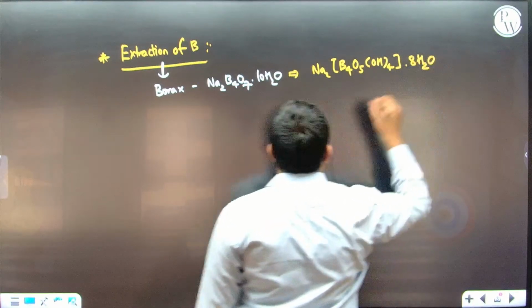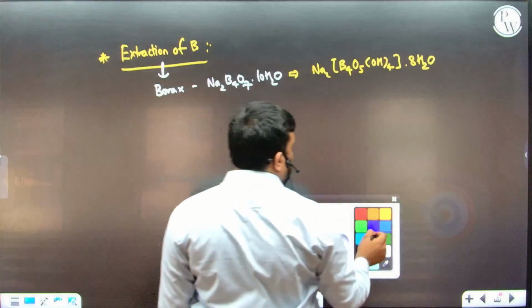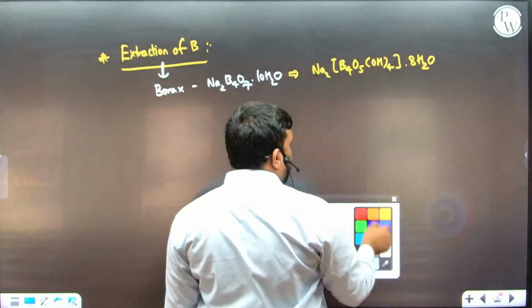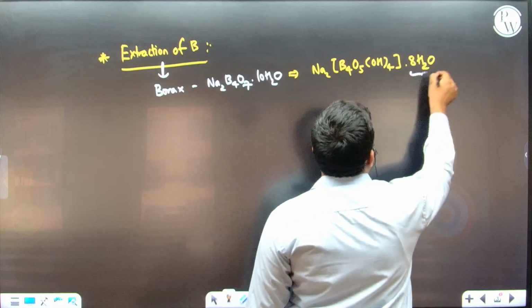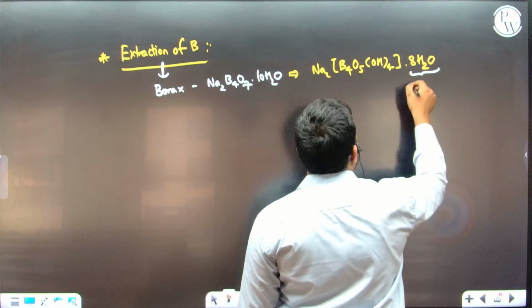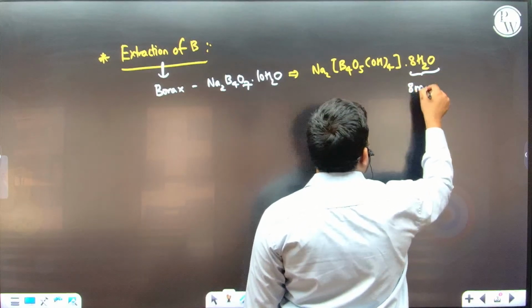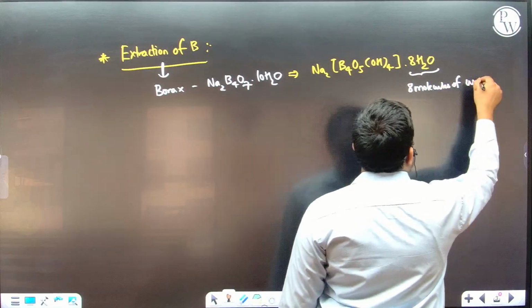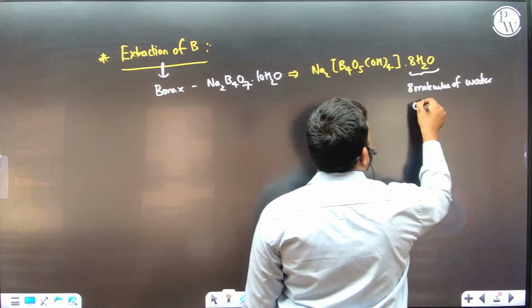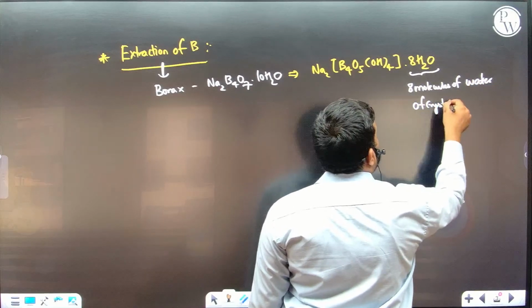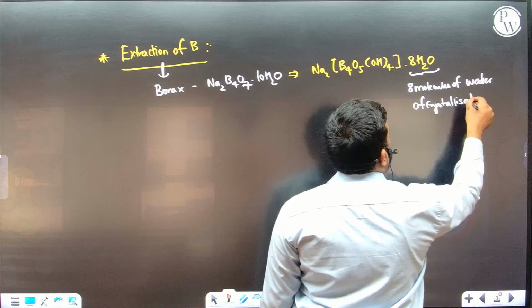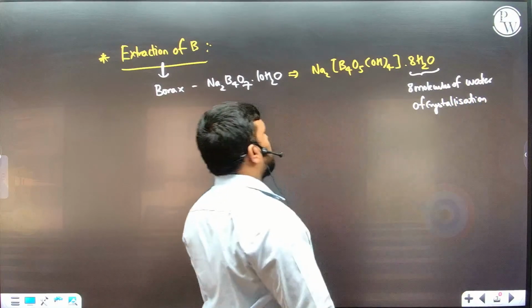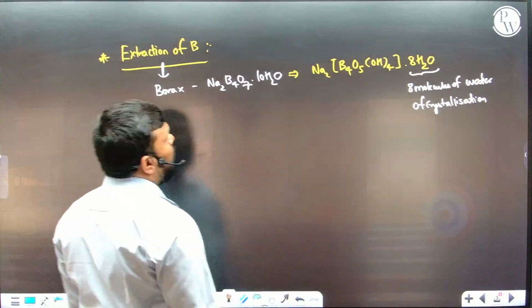This is the actual formula from which we can get the structure as well, and from here we come to know how many molecules of water of crystallization it has: 8 molecules of water of crystallization. Okay, so Na2[B4O5(OH)4].